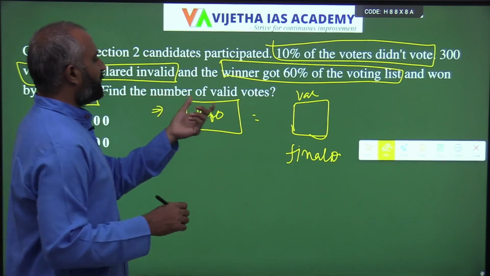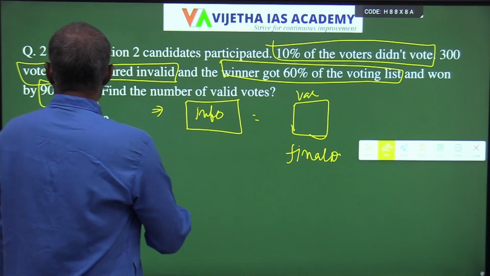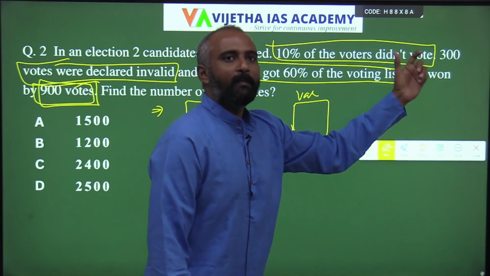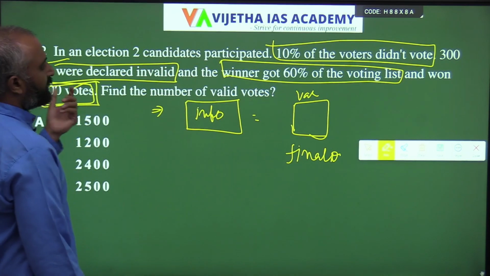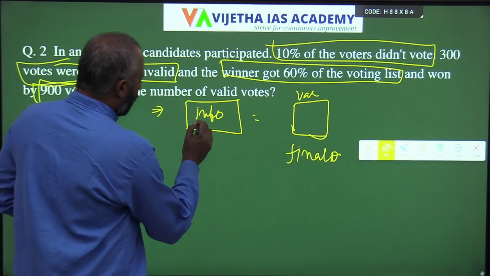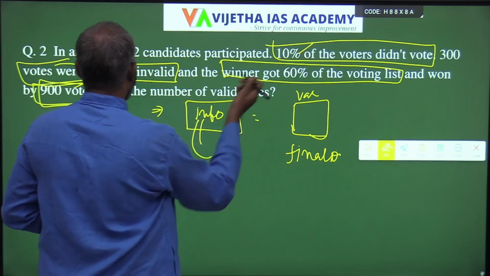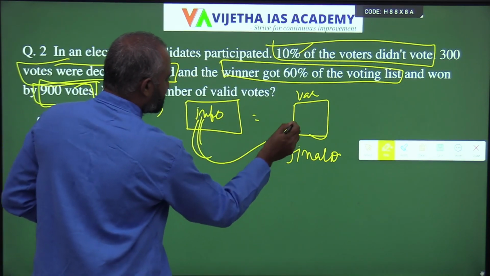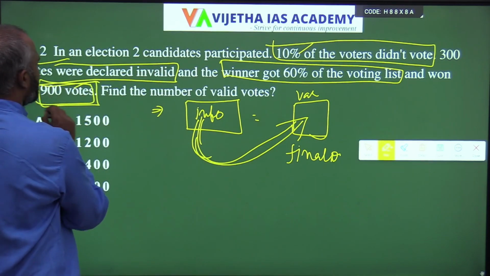We need to find the number of valid votes, and the value that is given is in terms of majority, or margin. By how much margin did he win? So whatever info we have been provided in terms of percentages or values, we need to convert this or make an equation such that this leads to 900 votes.